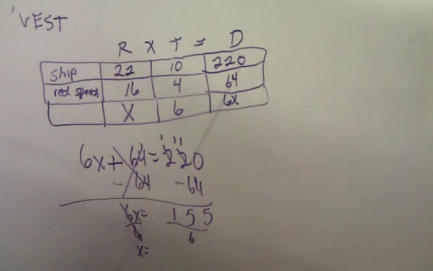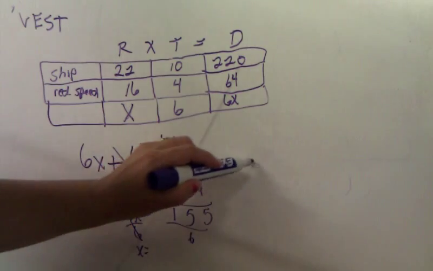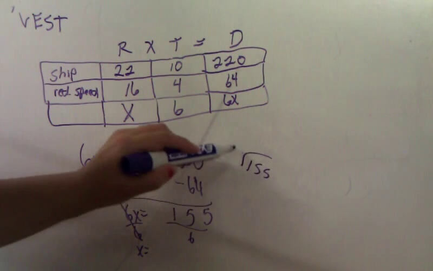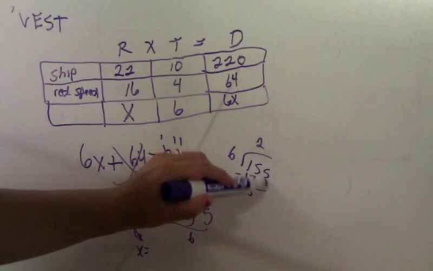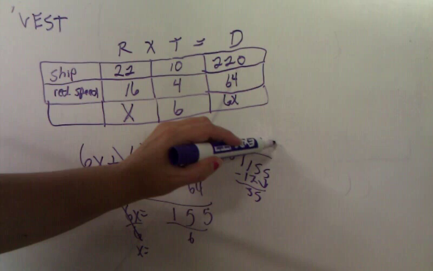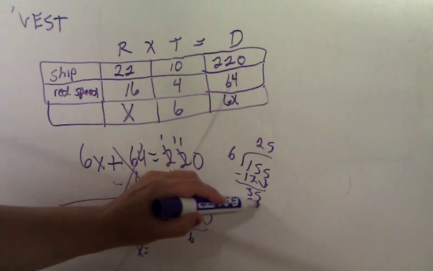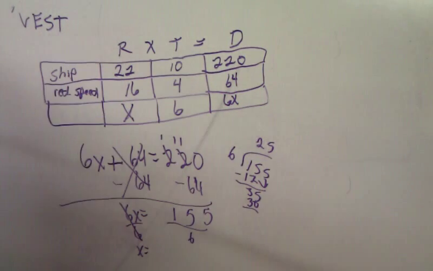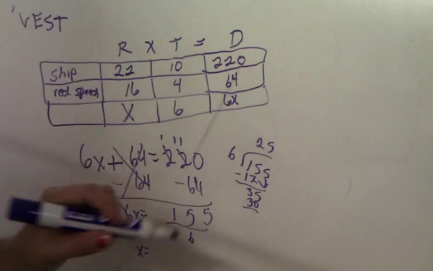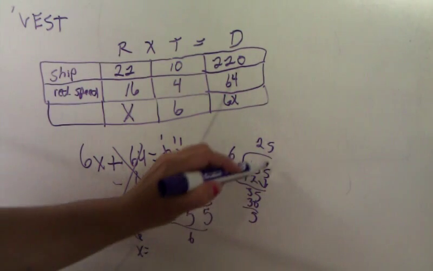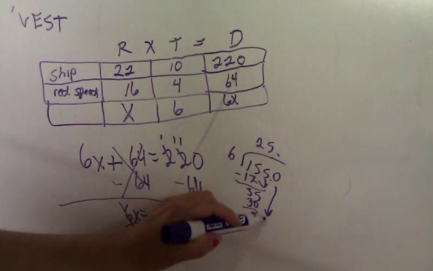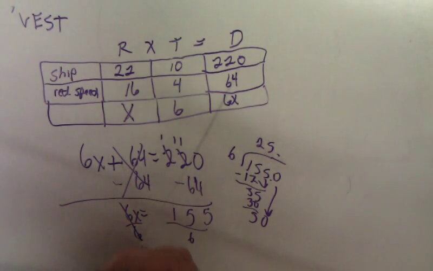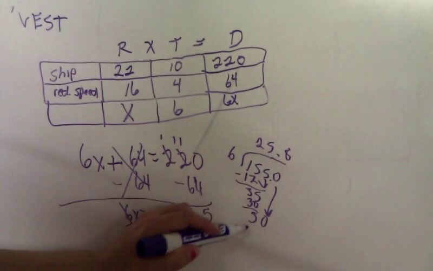X equals 156 divided by 6. Bring down the 0. 6 times 8 is 48.